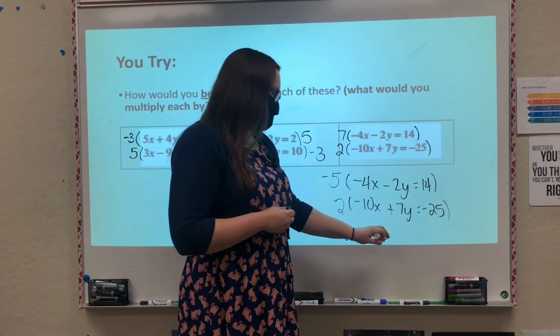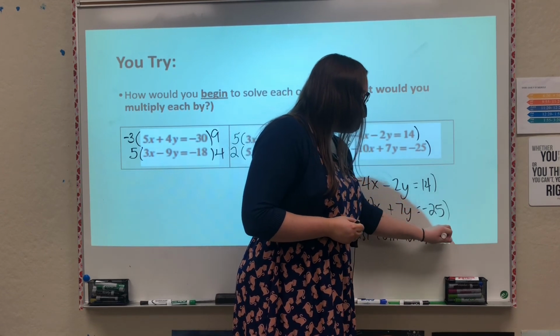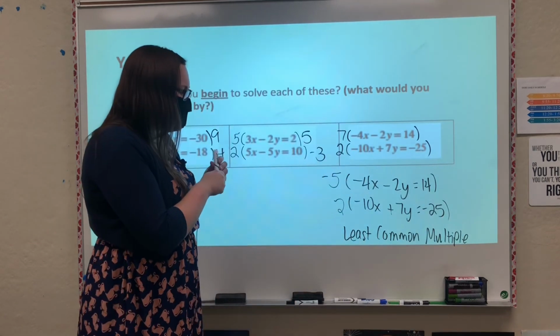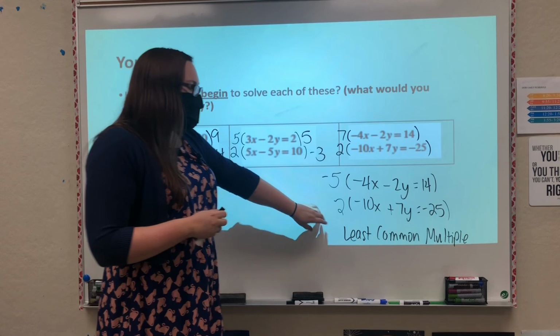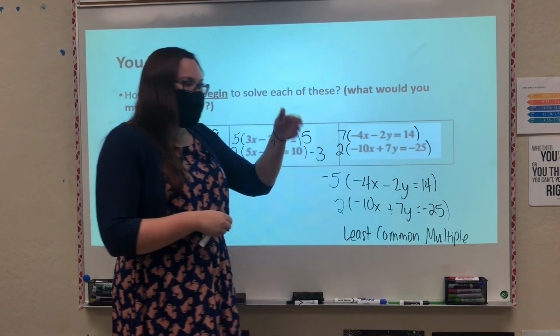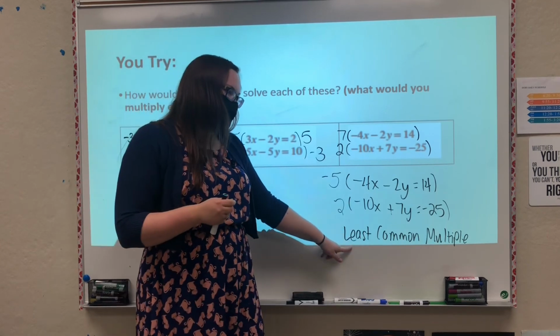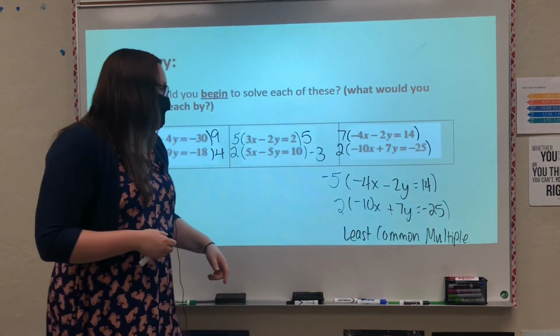The least common multiple. But it's related to lowest common denominator. What the least common multiple is, if you're counting up by 4s and you're counting up by 10s, what's the smallest number they have in common?